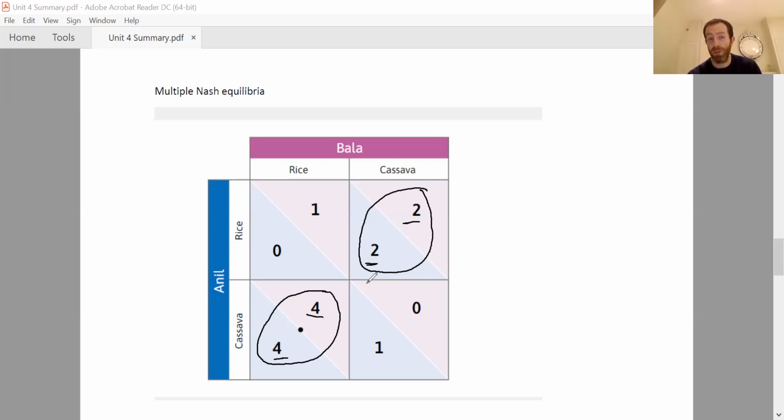But what this shows us is it's possible for the players to end up playing this, right? And if they did, they wouldn't want to change their minds, because they could end up with something worse if they did. So this other Nash equilibrium is a possible outcome of this game, less likely because it gives them worse payoffs.